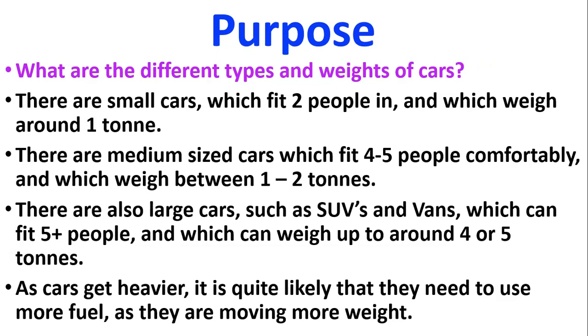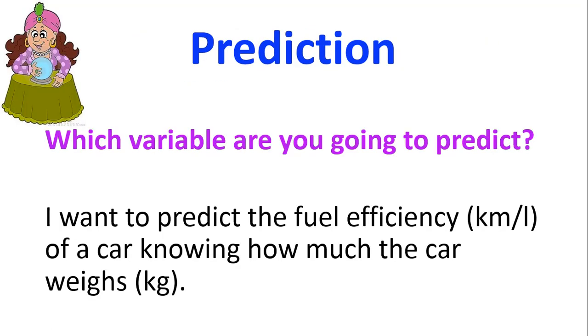The reason for that is, if I go back to my purpose, the last sentence says, as the cars get heavier, it's quite likely they need to use more fuel. So that is why I'm going to predict the fuel efficiency based on knowing how much the car weighs. I need a statement there saying which variable I'm going to predict based on the other variable.